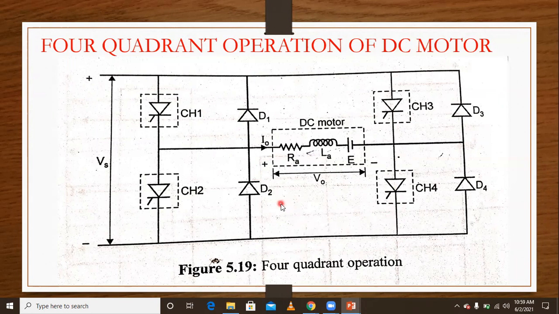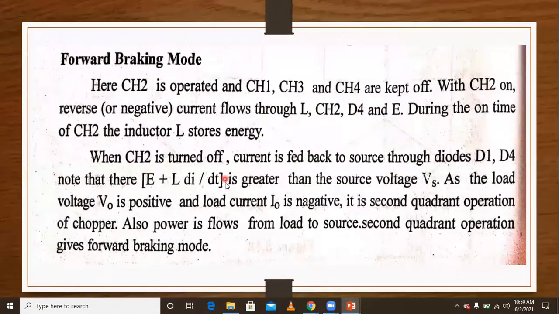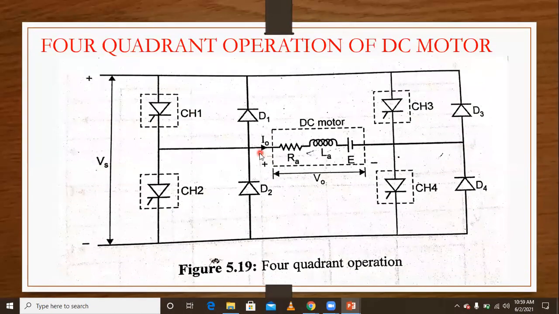And then the second quadrant, that is called forward braking mode. In this forward braking mode, consider the circuit diagram. Here chopper CH2 is operated, and CH1, CH3 and CH4 are kept off.